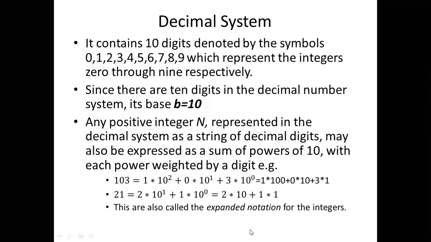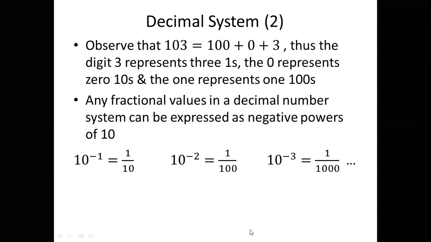All right. So moving on, we observe that 103 is equal to 100 plus 0 plus 3. Thus, the digit 3 represents 3 ones, the 0 represents 0 tens, and 1 represents 1 hundred. So any fractional value in a decimal number system can be expressed as a negative power of 10. Right?